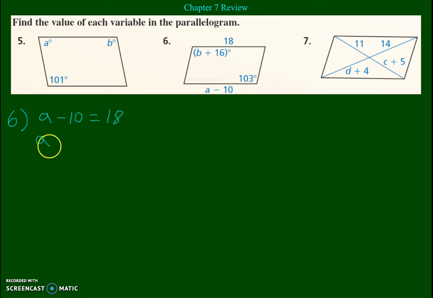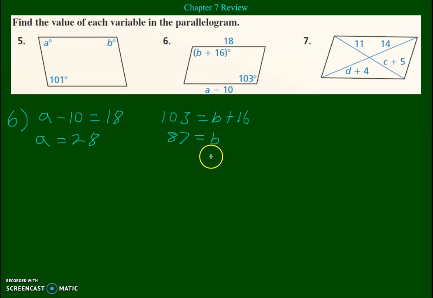Add 10, A equals 28. And then for this one, we know 103 equals B plus 16 because opposite angles are congruent. So that means 87 equals B.